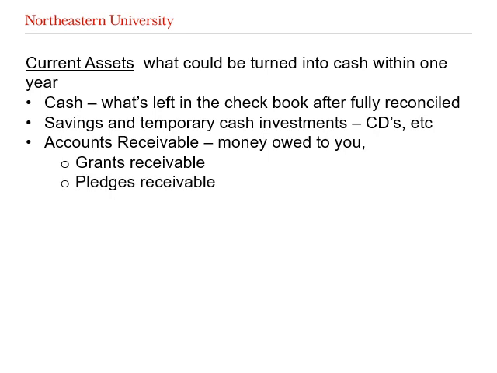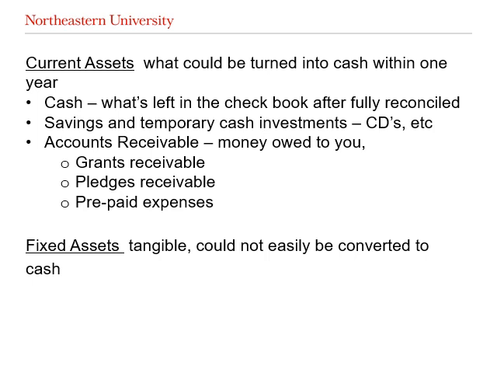And those are grants receivables, pledges receivables, and if you have prepaid some of your expenses, say a year's subscription to a periodical, that is considered a current asset. Now, fixed assets are generally things you could touch.